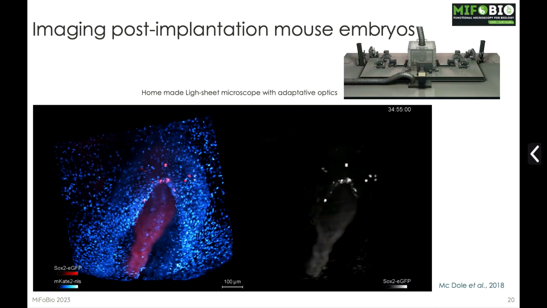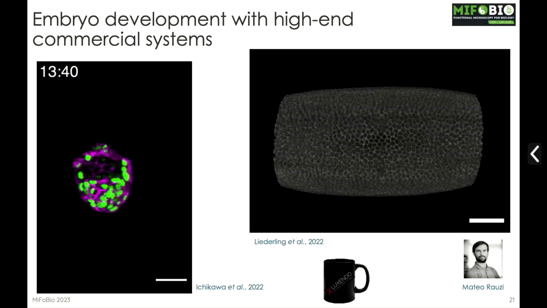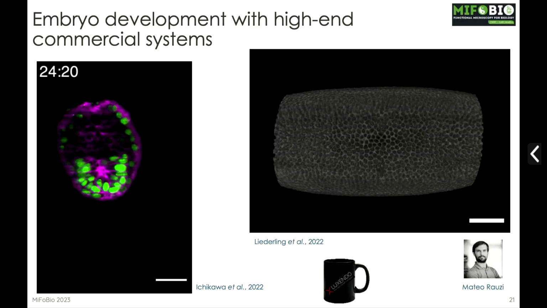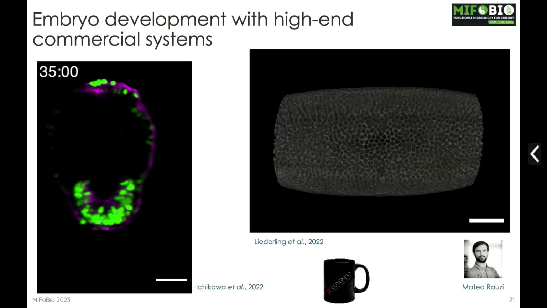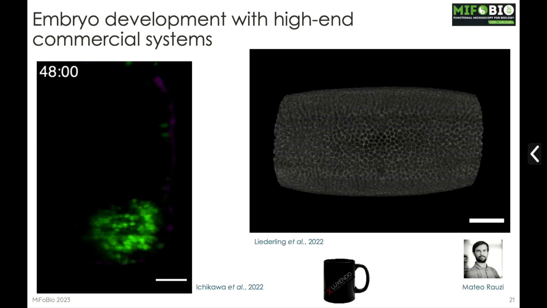And so other people were then also using new light sheet microscopes that were more commercial at some point. Here are two examples. One movie? No. Yes. The first one comes from Ivan's lab. I think I saw it from the talk from Anna Kicheva today. And so they were able as well to follow the development of the mouse embryo with a light sheet microscope.